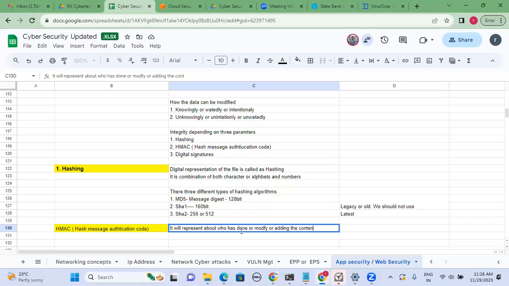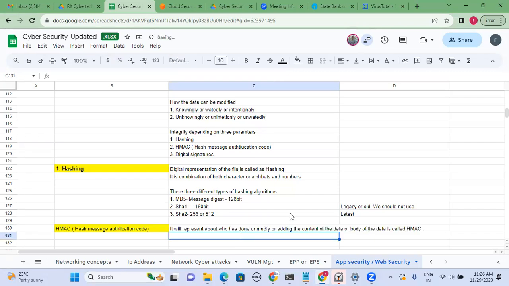That is called HMAC. So we can trace it as well. HMAC can identify the identity of the user and also we can do the tracing. So HMAC can identify who has done what, and also traceability. That is called HMAC.